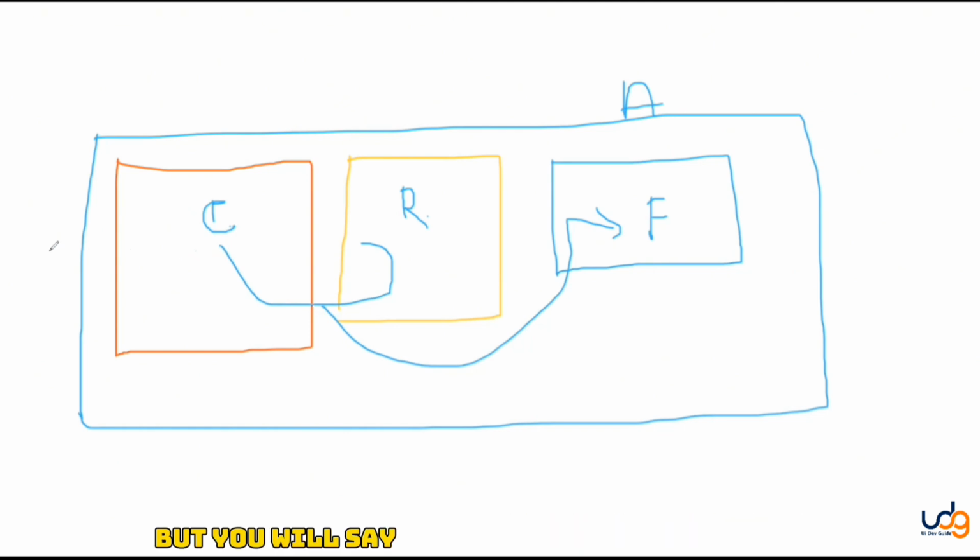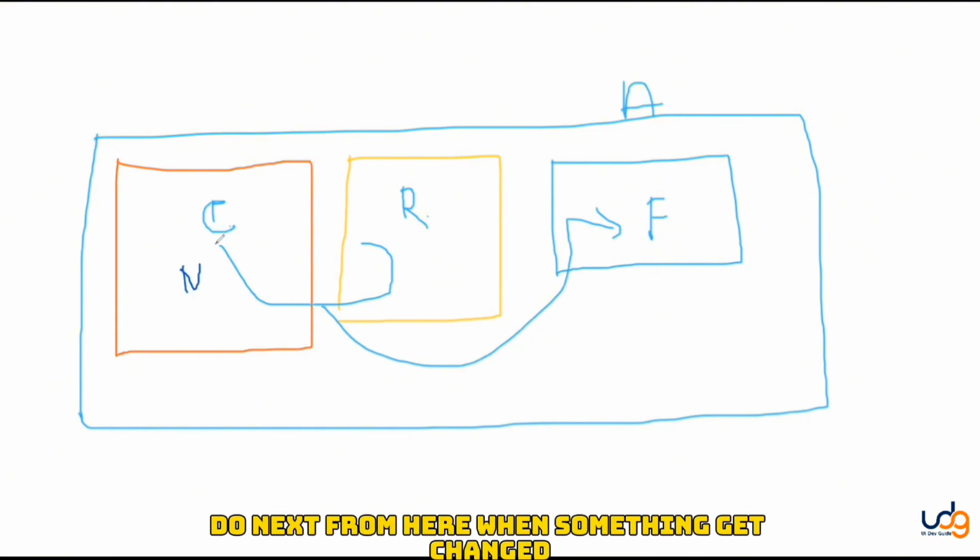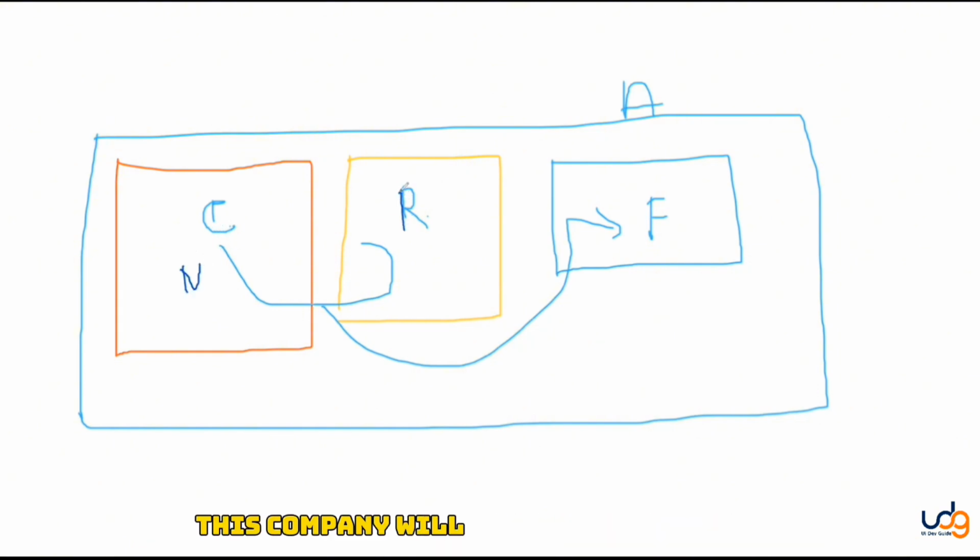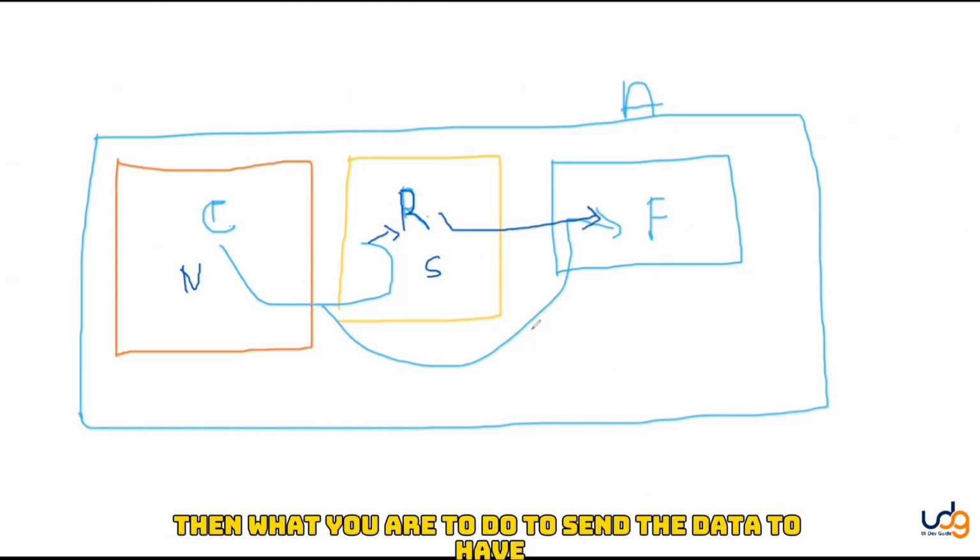You are saying you will call next from here when something gets changed. Then how will this component know that something happened here? There we can provide a subscriber in this component. Correct. Now, based on this, what do you have to do to send the data to the final one?